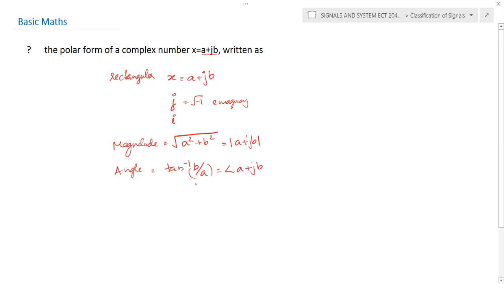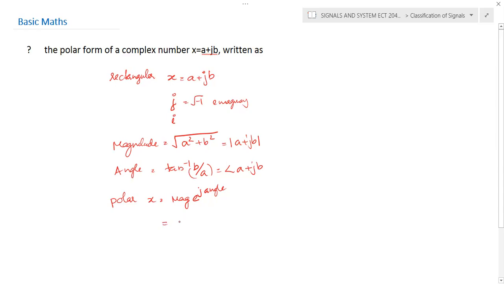Finally, you need to represent the complex number in polar form, that is x in magnitude angle form. So you need to write the magnitude here and e raised to j angle. That is the exact representation of a complex number in polar form.